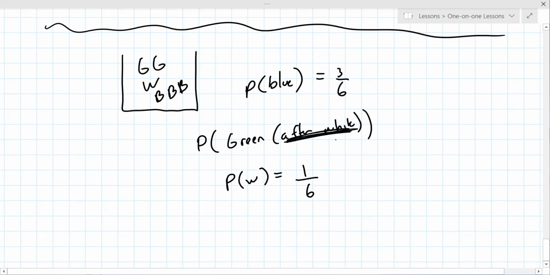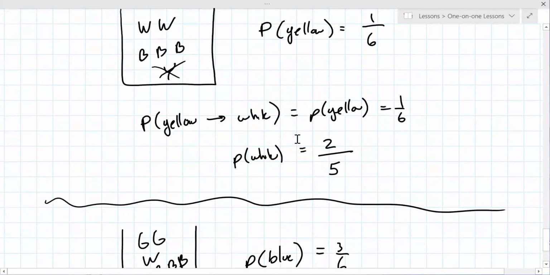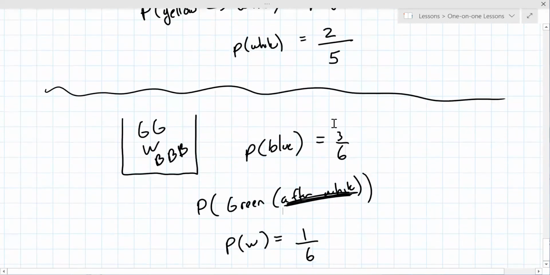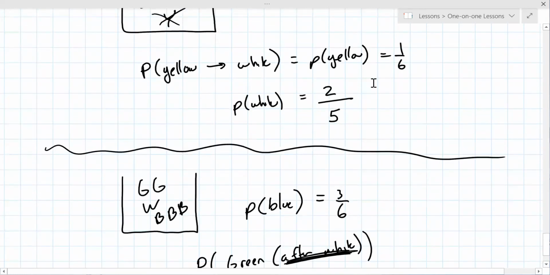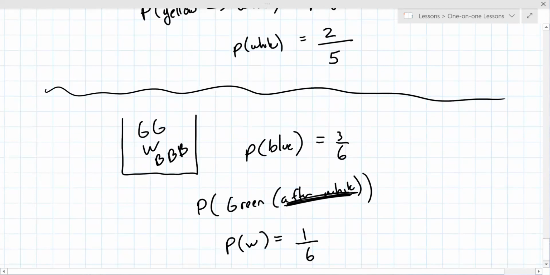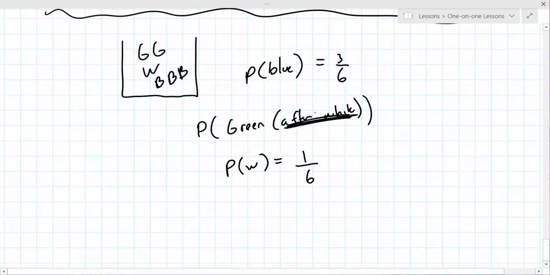But wait, can you scroll up a little so I can see the last example? Well, this is a different problem. It's a different scenario altogether. But in that one, you went by how many the yellow were, right? Yeah, there was 1 yellow out of 6, but here you're taking a green one out after you take a white one out.